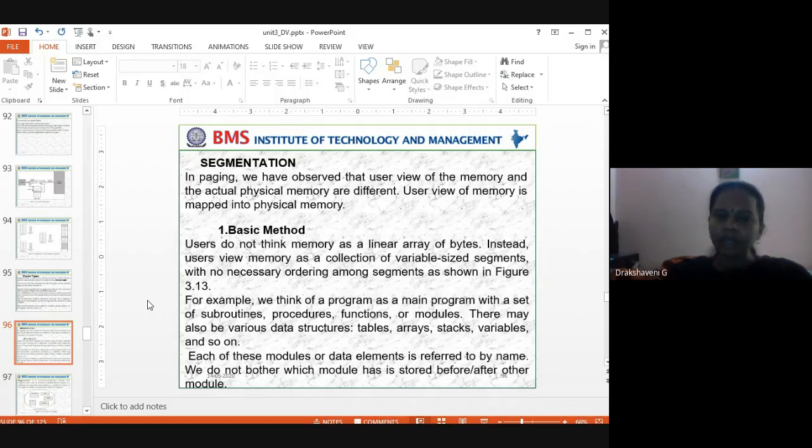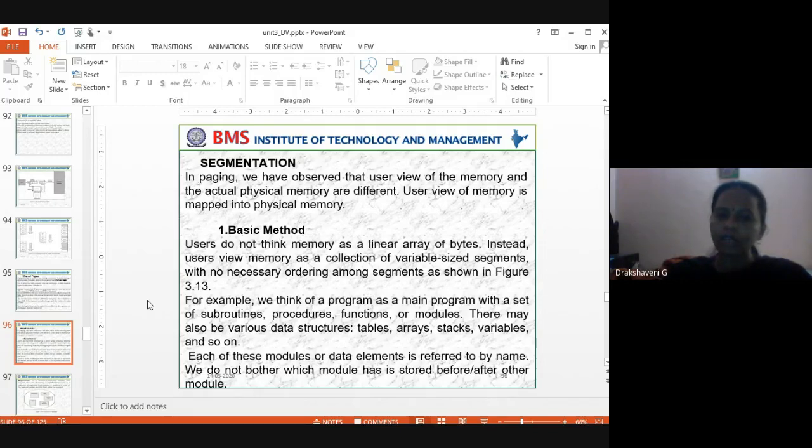For example, we think of a program as a main program with a set of subroutines, procedures, functions or modules. There may also be various data structures, that is tables, arrays, stacks, variables and so on. Each of these modules or data elements is referred to by name.